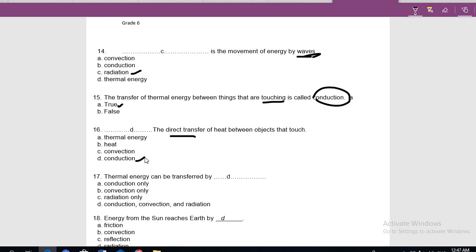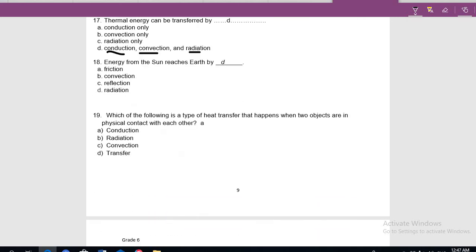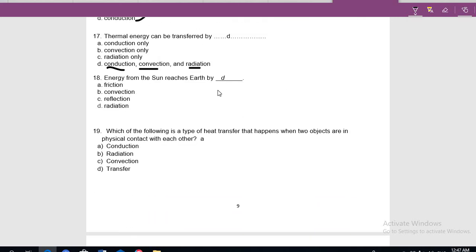Thermal energy can be transferred by three heat transfers: radiation, conduction, convection. Energy from the sun reaches Earth as sun rays, which are waves. So radiation.